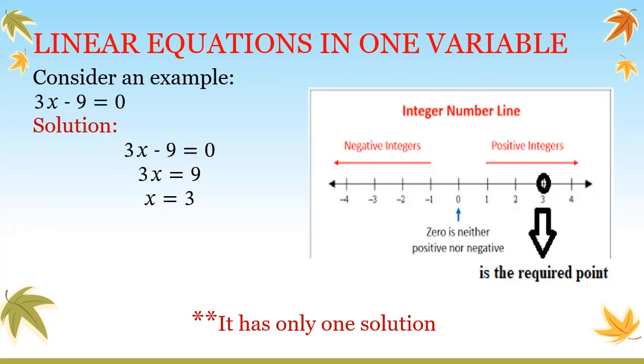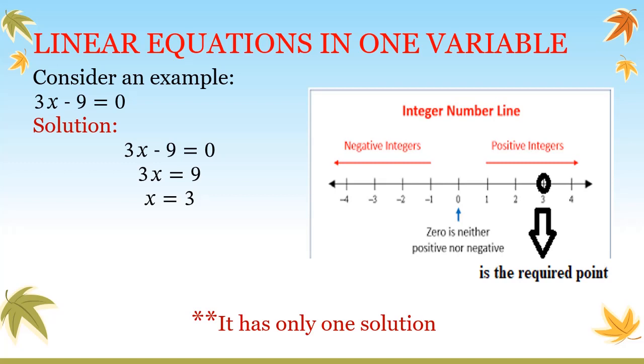We know that there is a relationship between degree and number of solutions, isn't it? So if we talk about linear equations, the degree is 1. It means this equation has only one solution, isn't it? Let us consider an example: 3x minus 9 equals 0. It can also be written as 3x equals 9 or simply x equals 3.